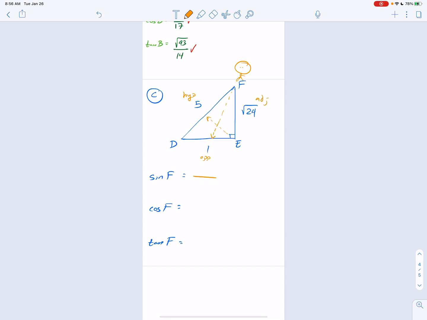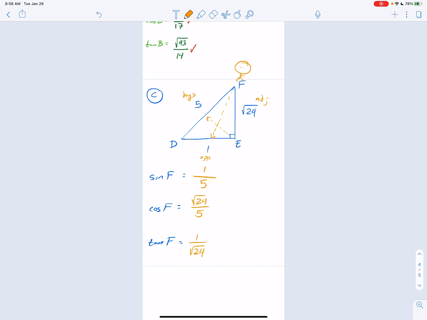Sine of F would be opposite over hypotenuse, so OH. So that'll be 1 over 5. Cosine would be adjacent over hypotenuse, so that'll be the square root of 24 over 5. And the tangent would be opposite over adjacent, so that's 1 over the square root of 24.